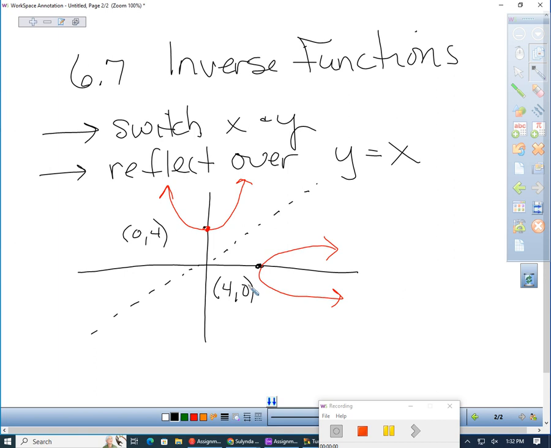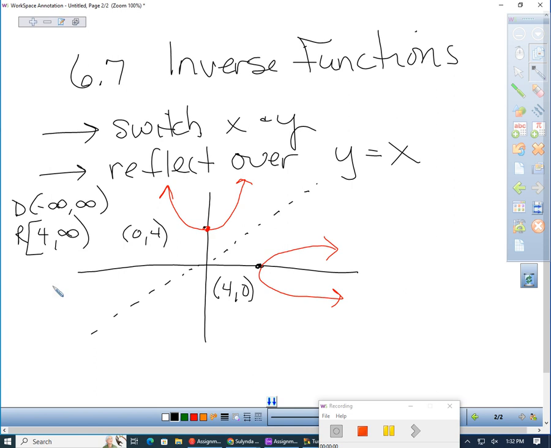Before we get any further into it, I want to talk about the domain to this. Of course, you know parabolas. The domain to all parabolas is negative infinity to positive infinity. The range to this parabola would be a bracket 4 to infinity.